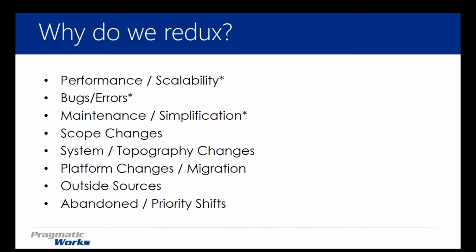So any number of these things could require a fix or a correction. We talk about maintenance or simplification. So if a process that we generated or we worked on, and when I say we, it may not even be you in particular, it may be the company or wherever you're at, if that process is difficult or time consuming to transition from one client to another or from one customer to another, or it might even be error prone, that can be a great reason to take a look at it and to do some redevelopment work.